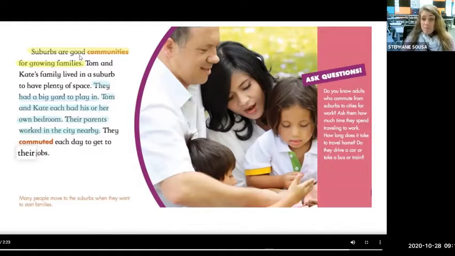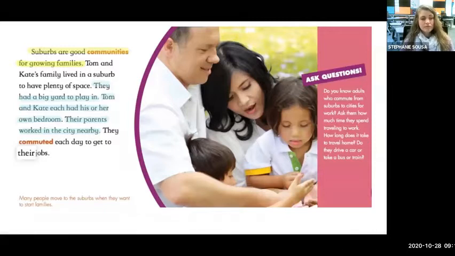A farmer might feel that a rural community is good for their family, but this author thinks that suburbs are good. These are the reasons that the author gave to prove that. Today, you will look at a text and you will describe how the author uses facts to support his or her point.